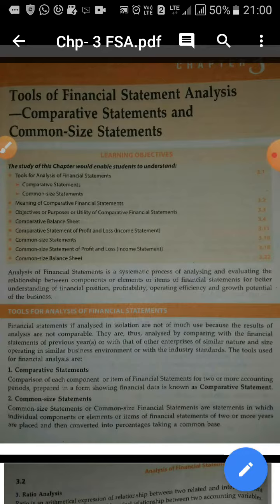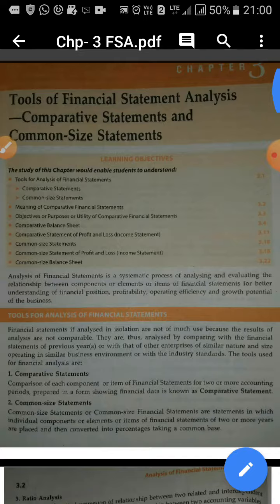Okay, like financial statements, if analyzed in isolation, individually are not of much use because the results of analysis are not comparable.